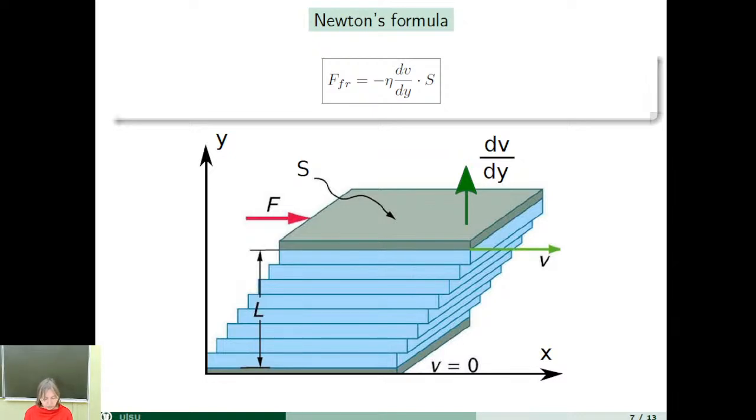A common unit of viscosity is the poise. 1 poise is equal to 0.1 Pascal second. The gradient of speed characterizes the degree of change in the velocity of the liquid flow in a transfer from one layer to another.